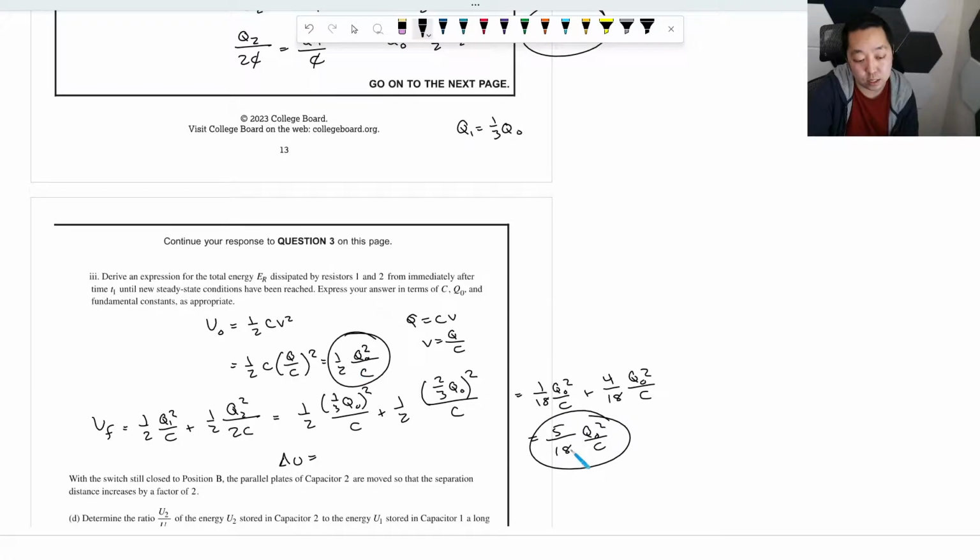This is 9/18 minus 5/18, that is 4/18 Q0 squared over C, or 2/9 if you want.